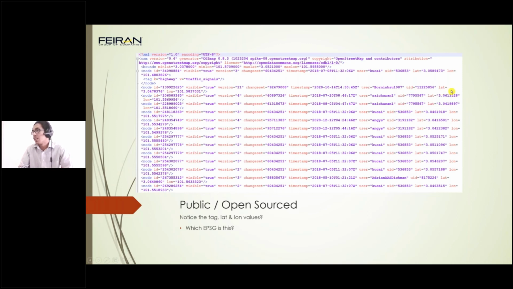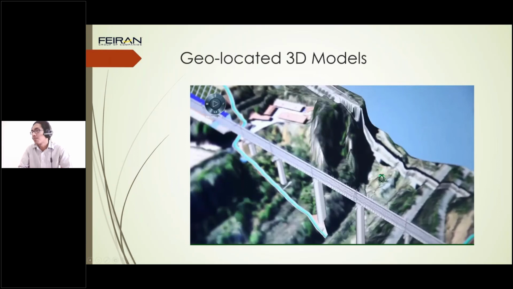As mentioned earlier, whenever we have these particular values, we know that it is in an angular measurement system, so it is using WGS 84 for the world, and the EPSG code is 4326. That is a common code used by any GPS system out there. So we need to transform EPSG 4326 to whichever EPSG we are using for Malaysia.